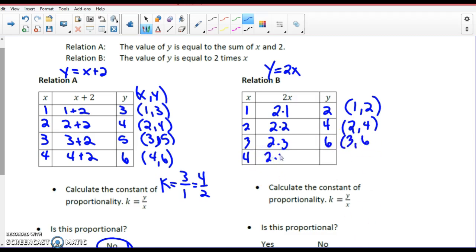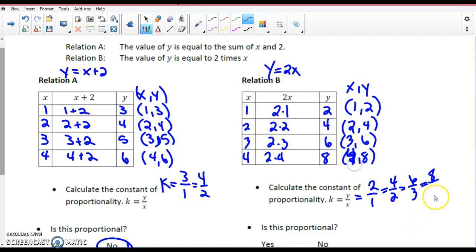Input 4, output 8, 4, comma 8. Now, constant of proportionality, remember these are x, comma y, are 2 over 1, 4 over 2, 6 over 3, and 8 over 4. What do I get for all of those?